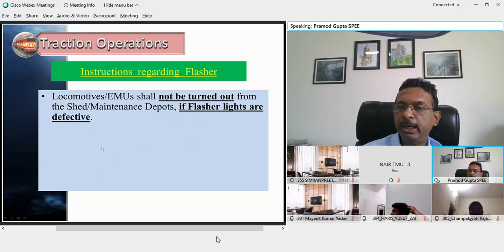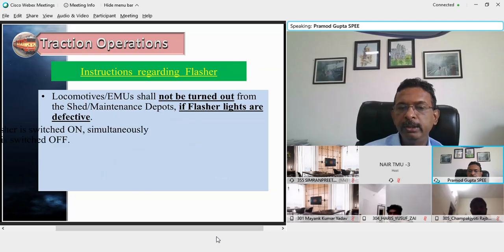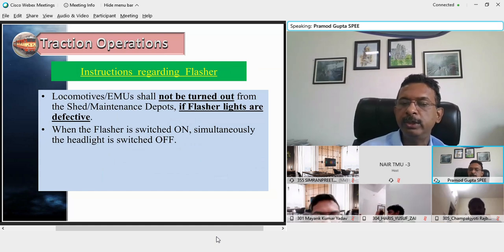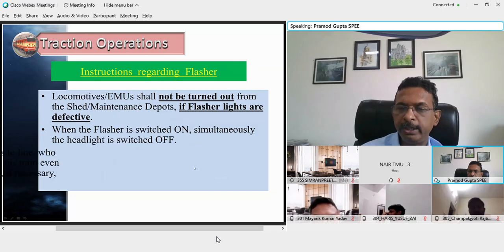These are the instructions regarding the use of flasher light. It is not supposed to be turned out from the shed or the maintenance depot. It may be a trip shed also. If the flasher light is not in working condition, when it is switched on, simultaneously the headlight is switched off. It is done so as to improve the visibility of the flasher light.